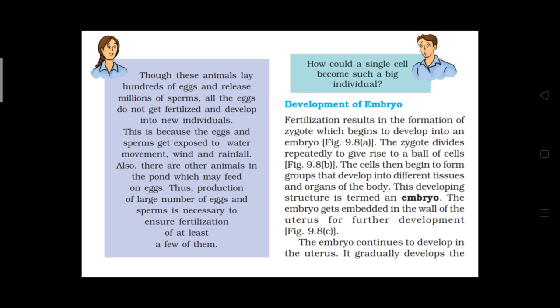Eggs can be exposed to water movement and wind, and rainfall can destroy the eggs. Not only that, some aquatic animals can feed on these eggs. So there will be hundreds of eggs, and then only some of the eggs can be fertilized and develop into new individuals.